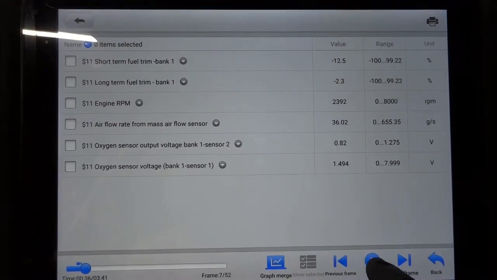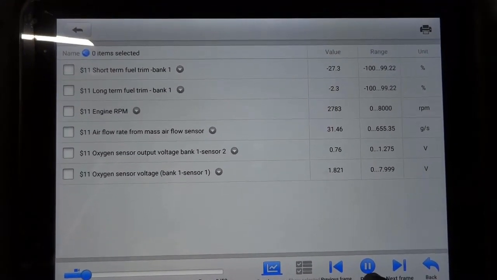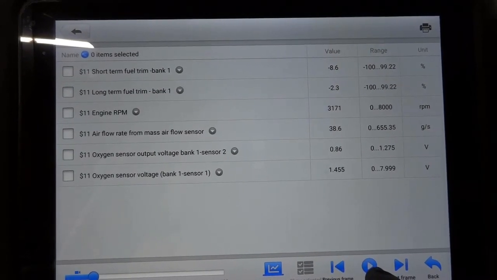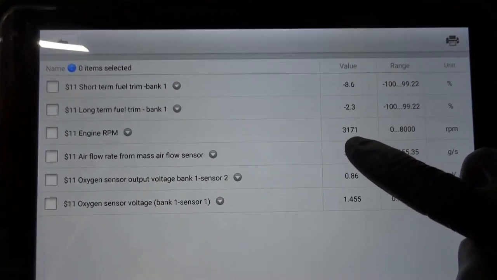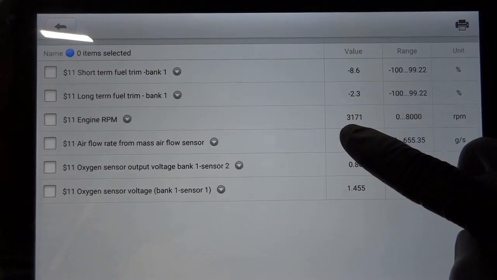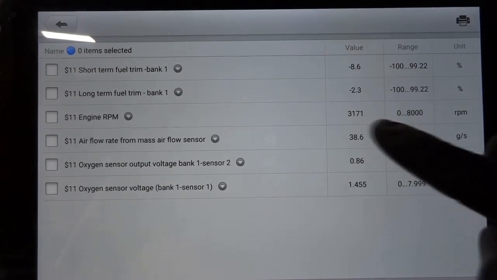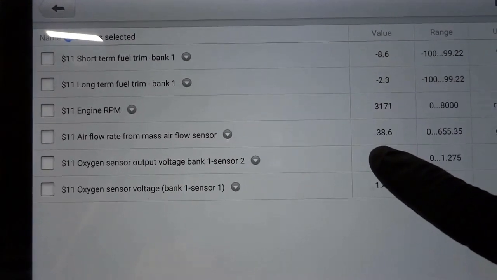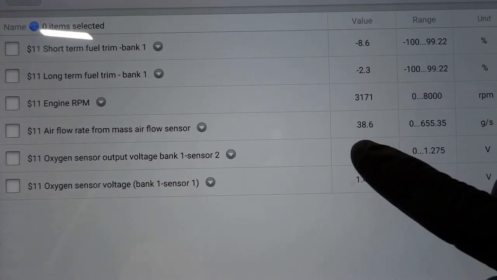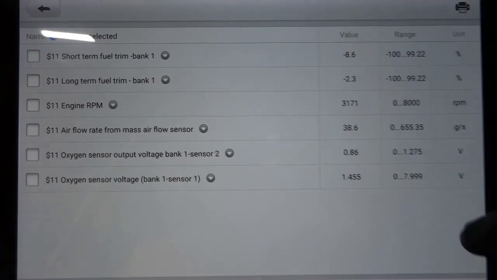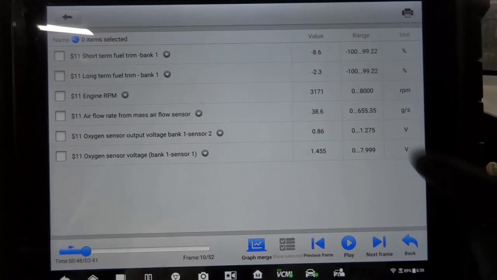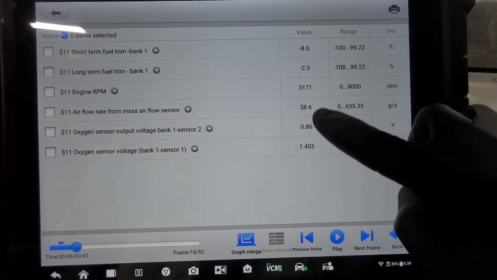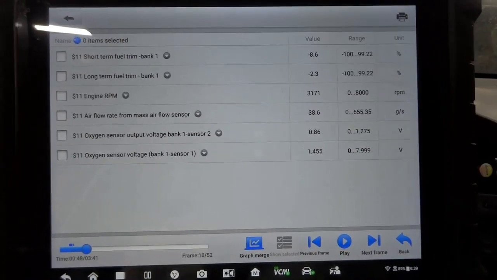So let's play this one more time. So let's pause this. So over here at 3,171 RPMs, our mass airflow sensor value is 38.6 grams per second. This is too low, guys. This number should have been higher at this engine speed. This is too low.